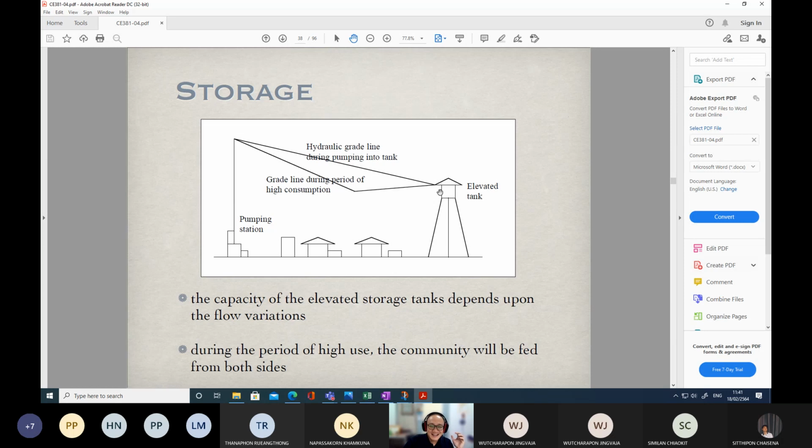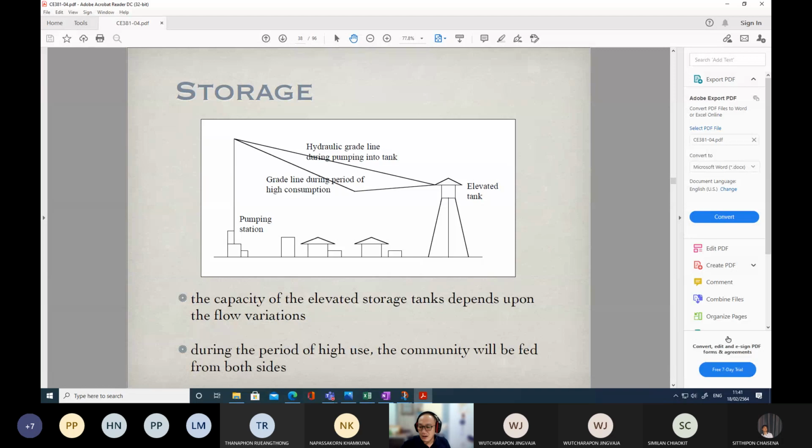For this, the size can be determined. How big the elevated tank is depends on the flow variations, the incoming flow variations and the demand. Incoming flows come from the pumping stations, but the outgoing flows, or the supply to the communities, depend on the demand.